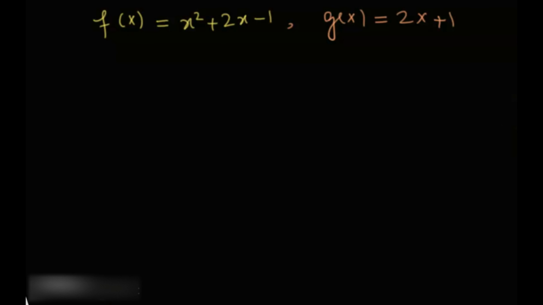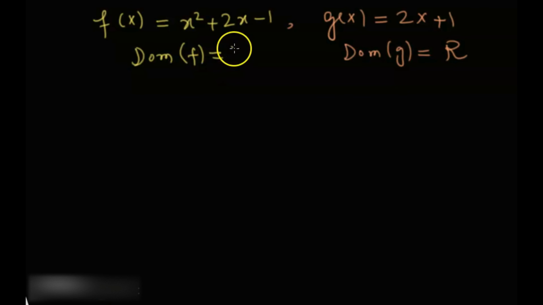You are all well aware that the domain of g is all real numbers, because this is a polynomial function, and the domain of f is also all real numbers.